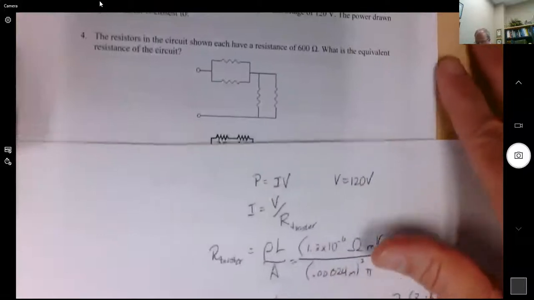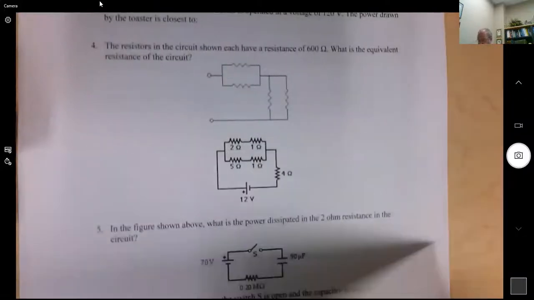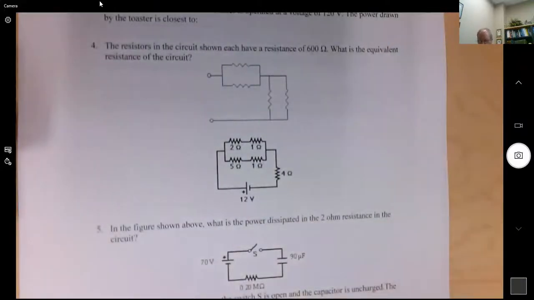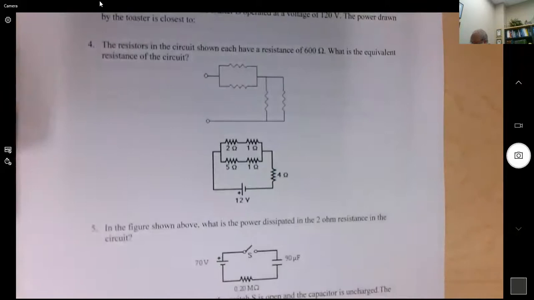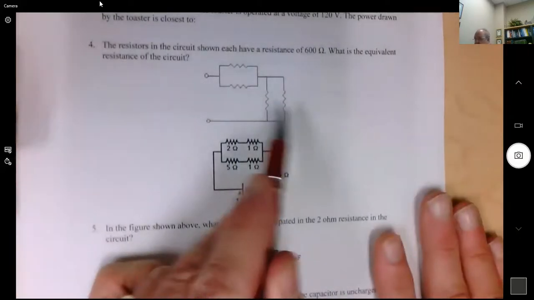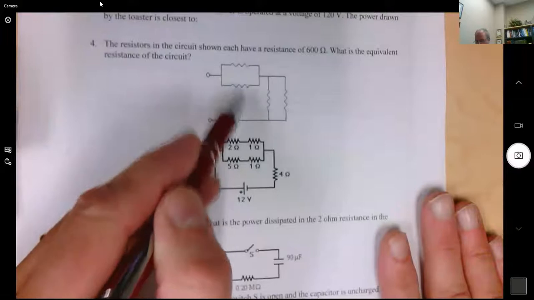So here we have a circuit, and we have two resistors, and another two resistors in parallel. So we have these two resistors here, and we have these two resistors here.